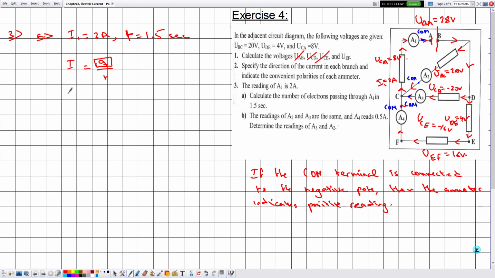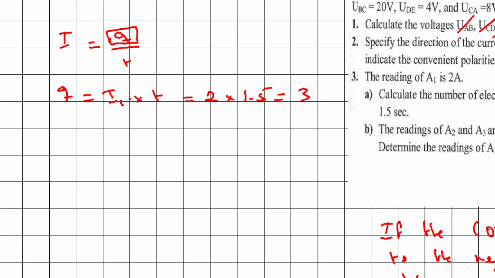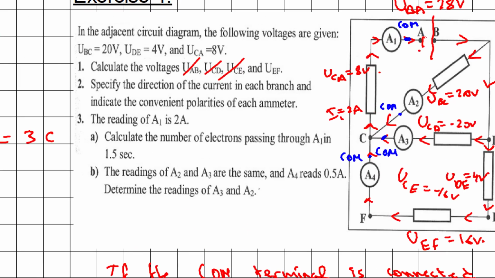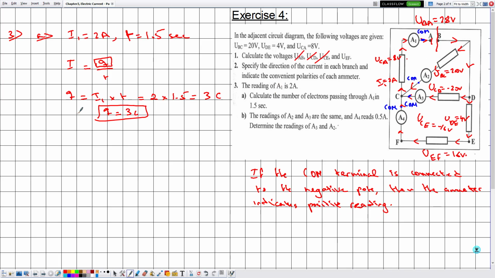So Q is given by I1 multiplied by T, which is 2 multiplied by 1.5, so this is 3. Because I and T are expressed in the SI, the value of Q in the SI is in coulombs. So the quantity of charge traversing the branch CA is 3 coulombs.